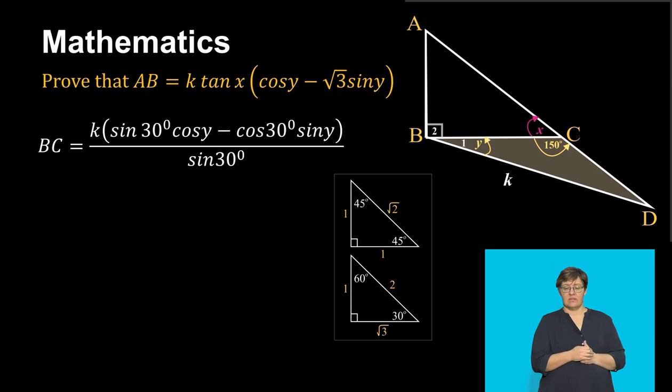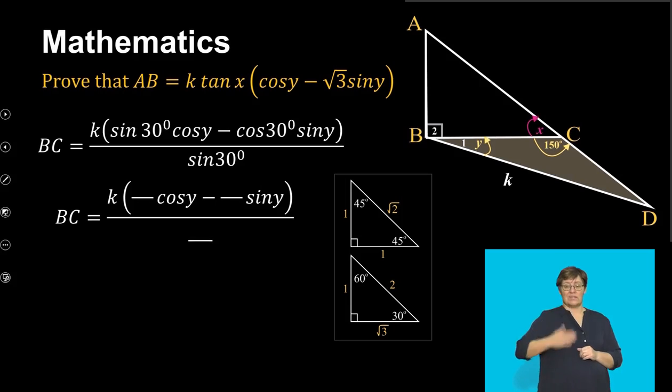Now remember, if you're looking for sine of 30, either you can use your calculator, if they say you can, or if you're not allowed to use your calculator, you can use special angles to find it. Here's our special angles triangle, so we're going to use these two triangles on the side to solve it.